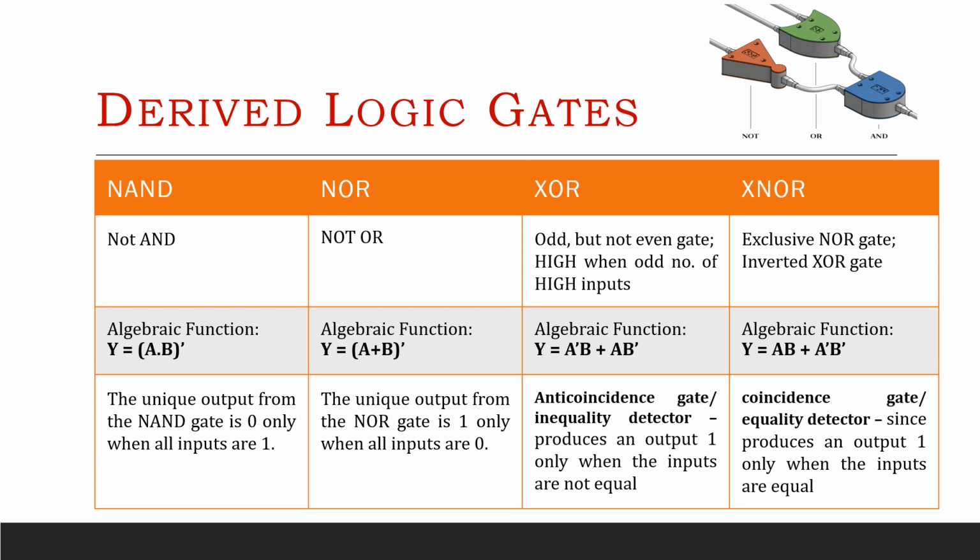Then the XNOR gate is the exclusive NOR gate, or the inverted XOR gate. The algebraic function is AB plus A bar B bar, and it is also called a coincidence gate or equality detector since it produces an output only when the inputs are coinciding. That means only when the inputs are same.